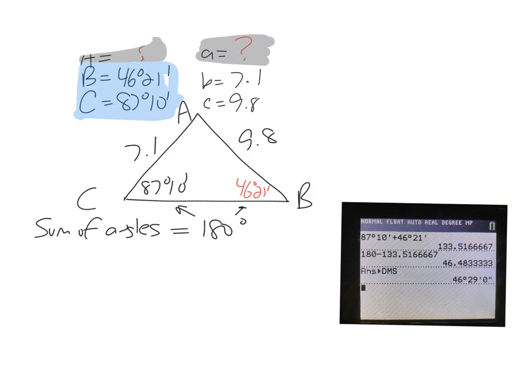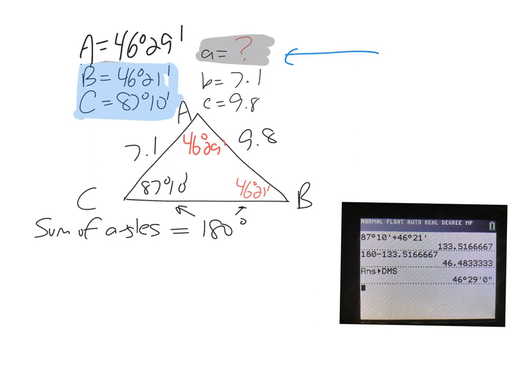So now I have angle A, and angle A is going to be 46 degrees and 29 minutes. Which means now I'm almost done. The only other part to this puzzle, because solving a triangle is a puzzle, is now to find side A.